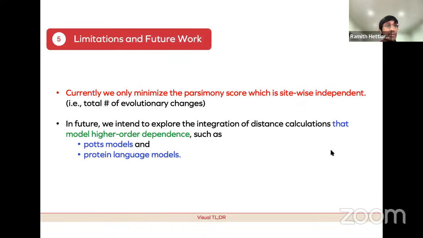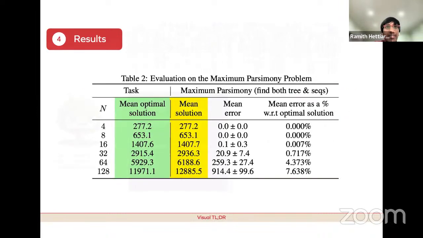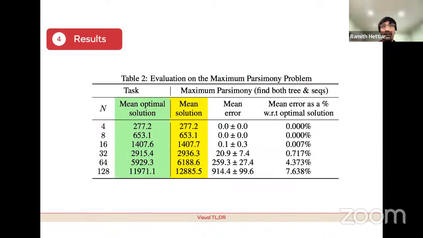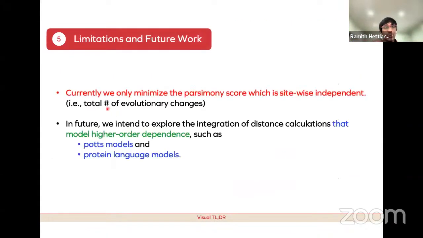So in terms of limitations, currently the only objective that we optimize is the parsimony score, which is the total number of evolutionary changes, which is actually computed element-wise. So each of these positions in the sequences does not depend on each other; each of these positions is regarded as independent.